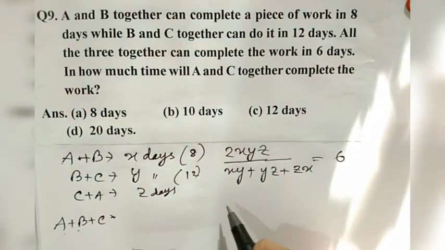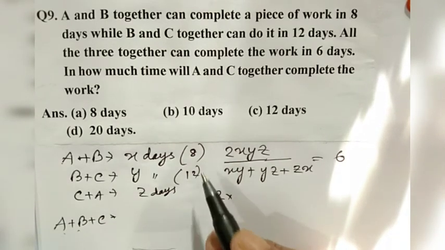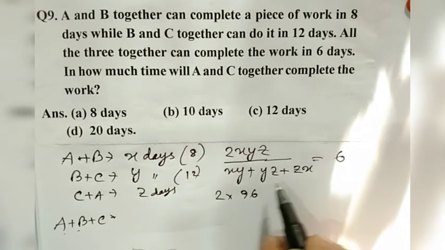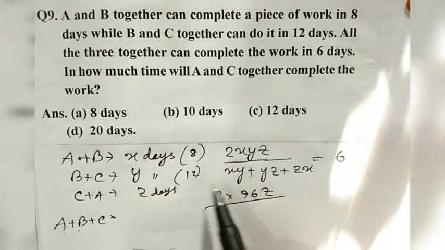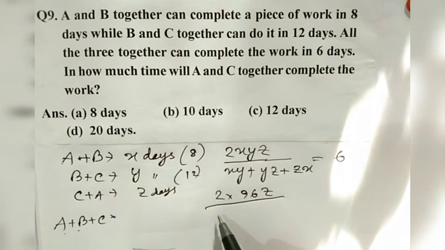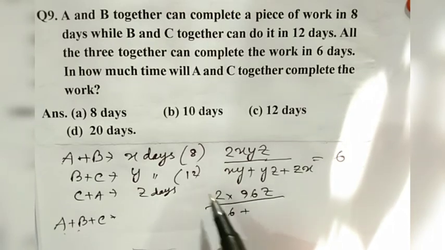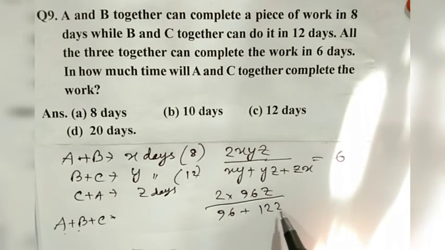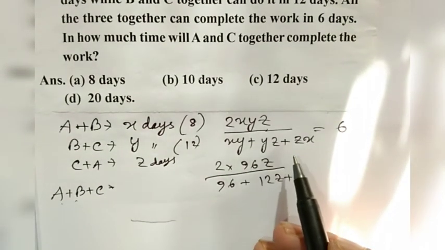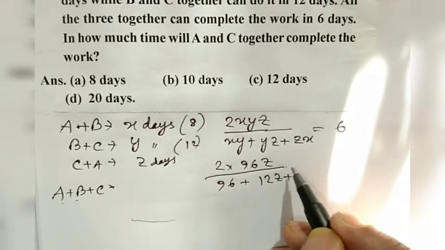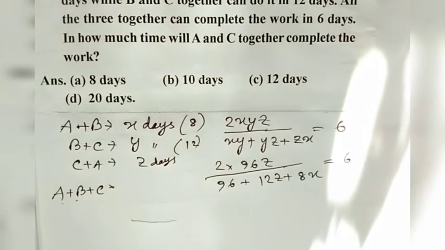Then putting the values, we get 2 into x 8, y 12, so 2 into 8 into 12 into z by xy, 8 into 12, 96, plus yz, 12 into z, 12z, plus zx, 8z, equal to 6.